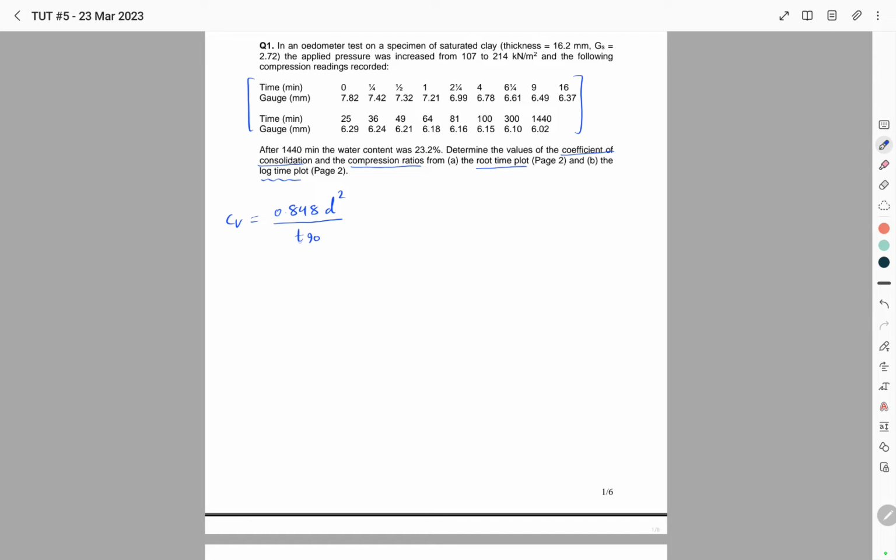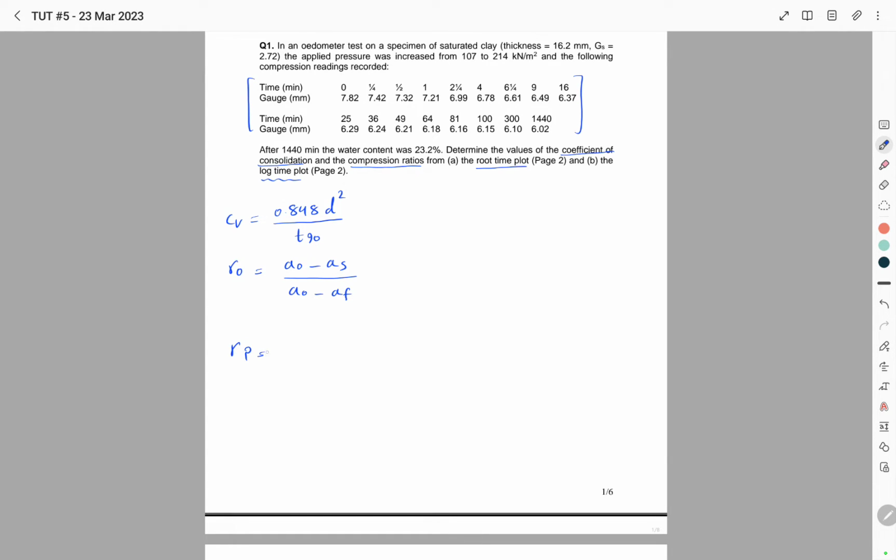So having d and having T90, you can determine CV. And the compression ratios, these are the equations for them. R0 is equal to A0 minus AS divided by A0 minus AF.